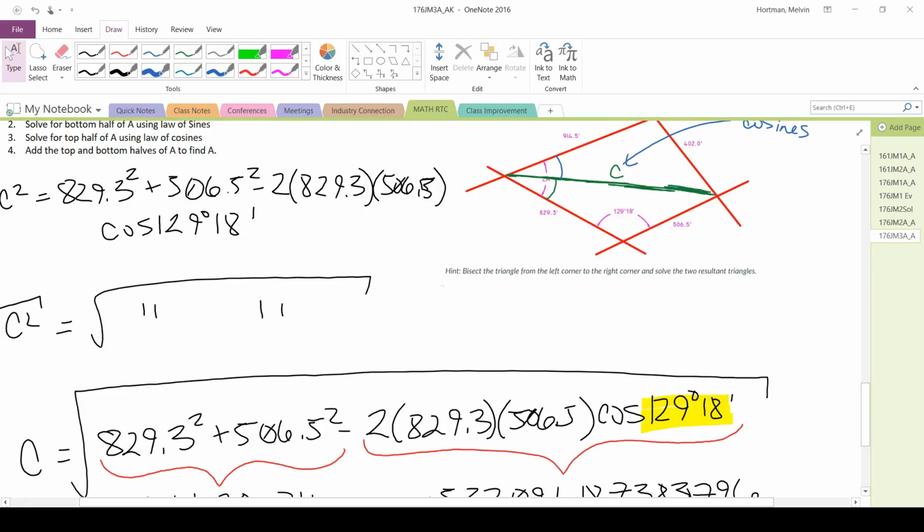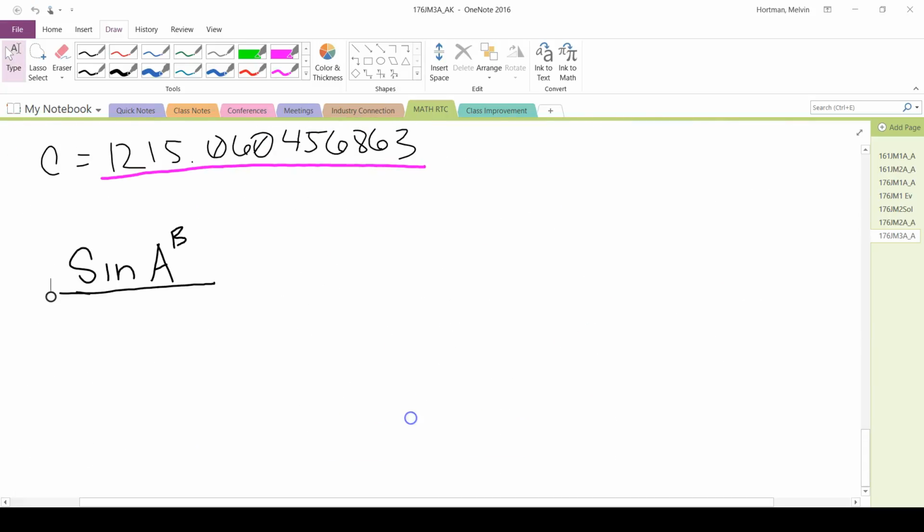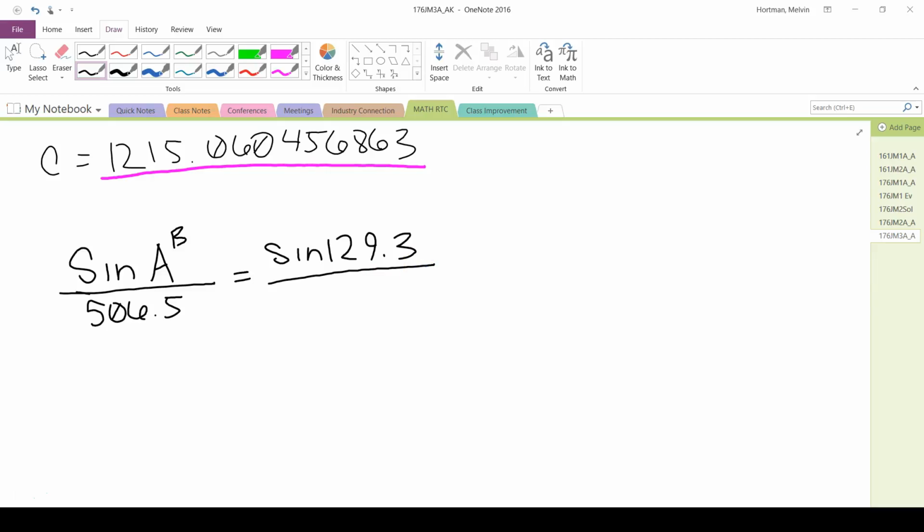506.5 equals the sine of 129.3, I'll just call it out in its decimal form, divided by 1215.06, because I have to continue that decimal.